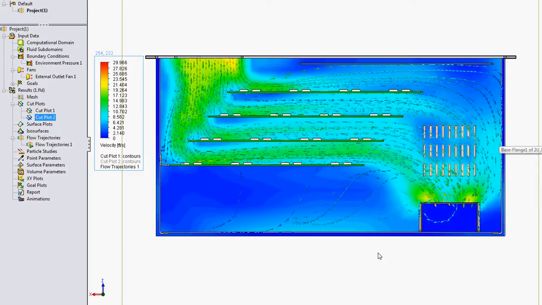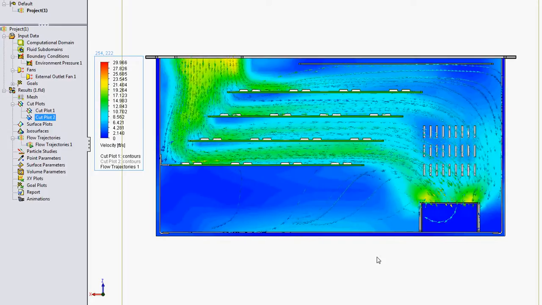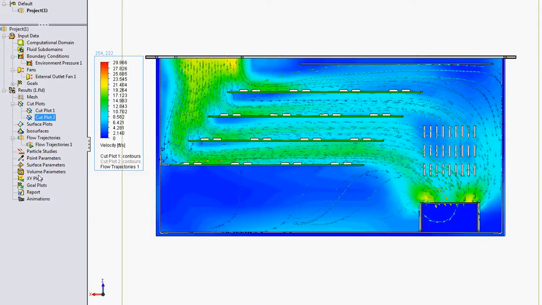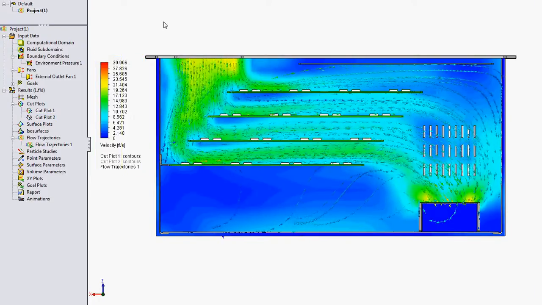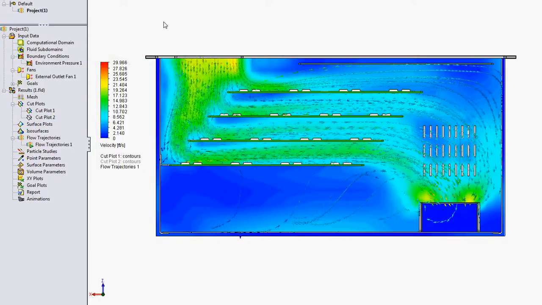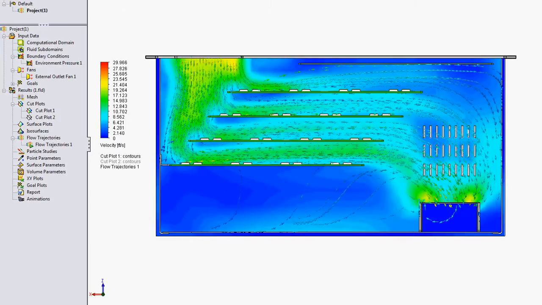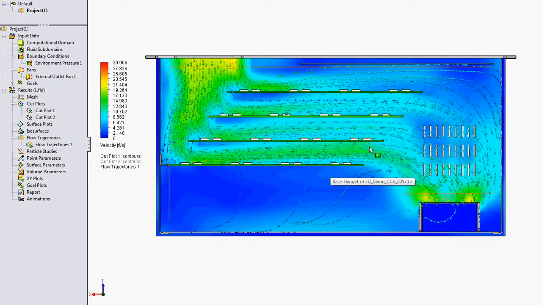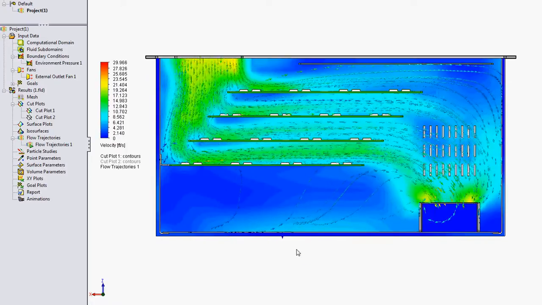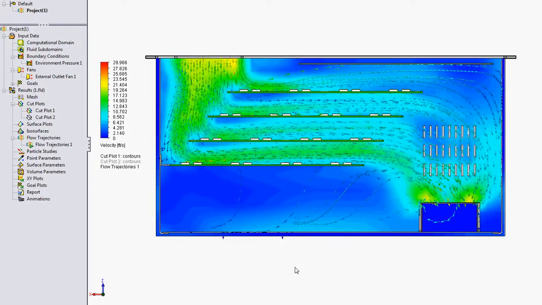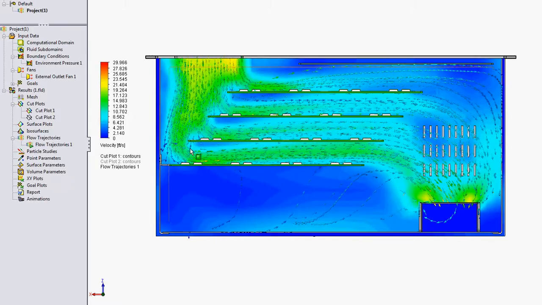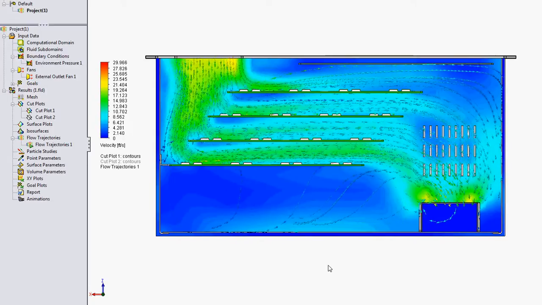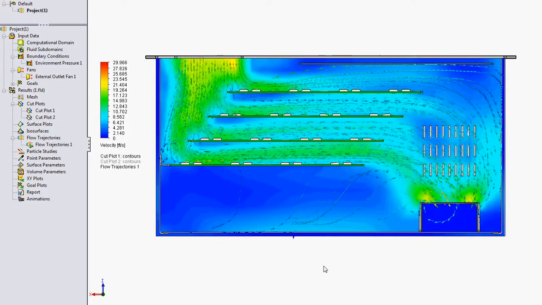One of the nice things about this approach is we're only looking at flow velocity, so I'm not doing any heat transfer right now. That makes this analysis run quite quickly. So one trick is if you can develop a flow profile over your card at the macro level, using a simple pressure drop analysis, what you can do is make a smaller scale model of just the CCA, apply the airflow that you're seeing here over that local CCA, and you can cut your analysis time way down by doing that.